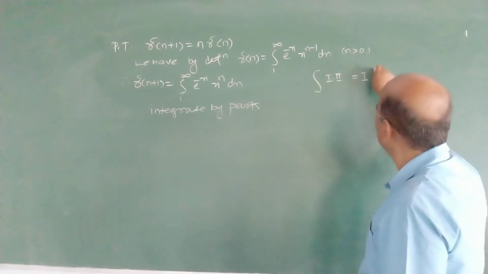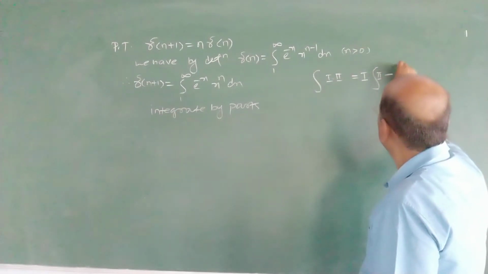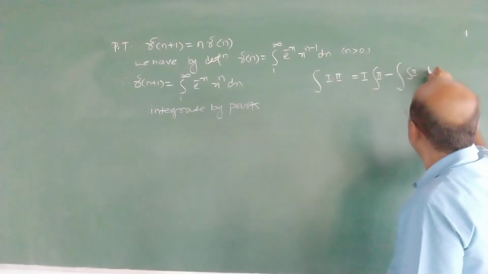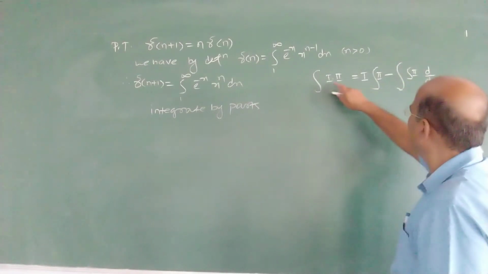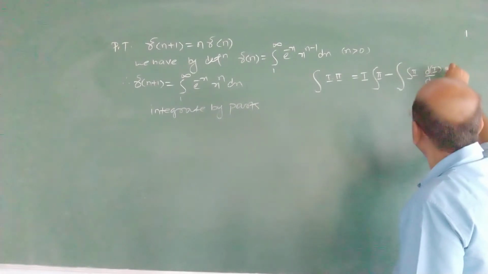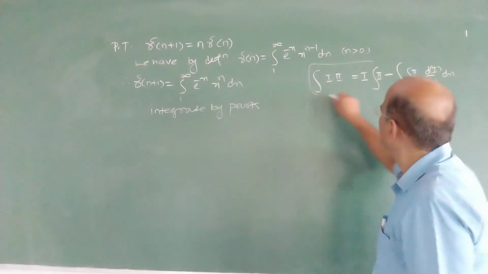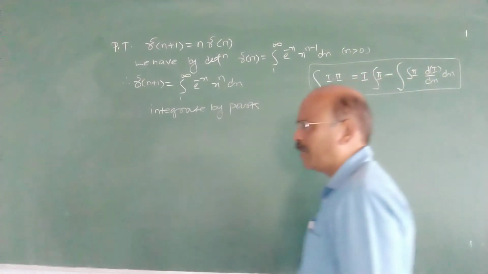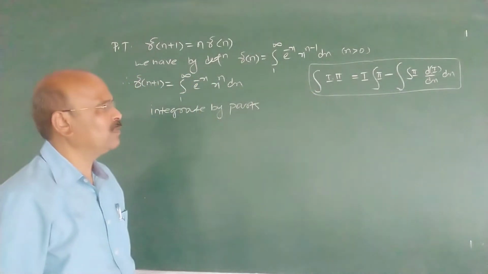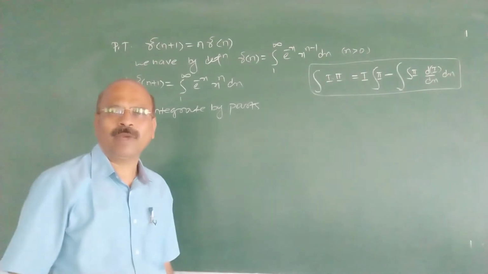It is first function, integration of second, minus integration of second and the derivative of first with respect to x. This is called integration by parts. In 11th and 12th standard you have studied this.